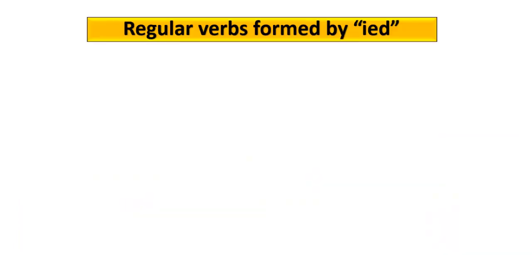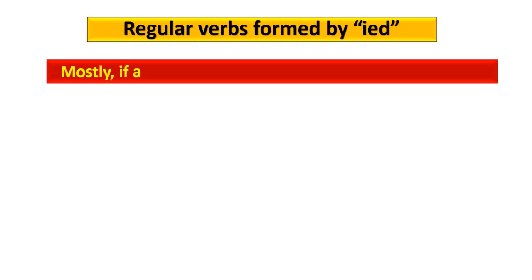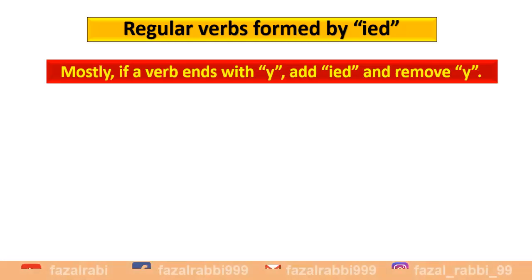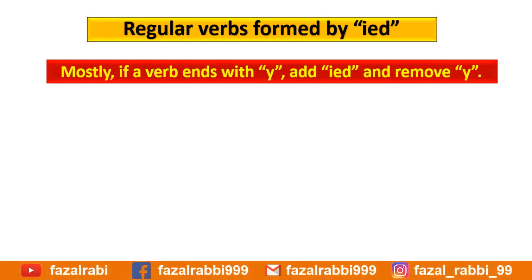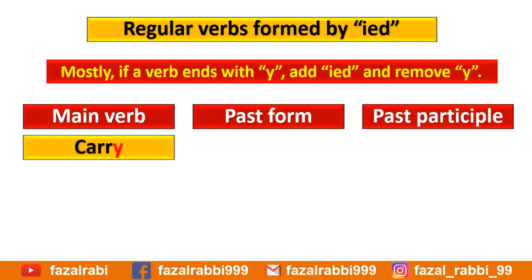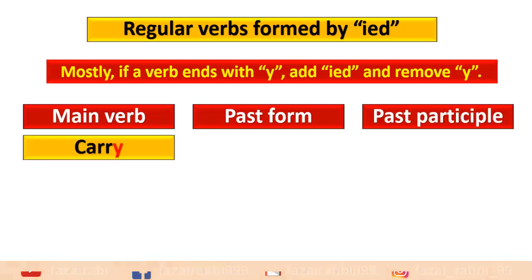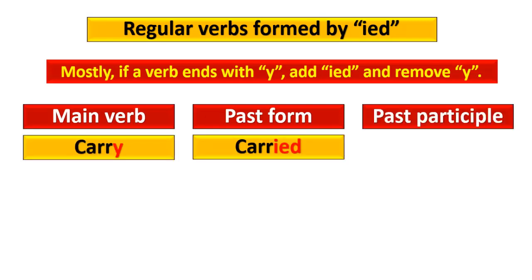Now let's look into one more case. Regular verbs formed by adding ied to the base form of the verb. Mostly, if a verb ends with y, we add ied and remove y in past and past participle form. For example, carry becomes carried in past as it ends with y, and the same in the past participle.